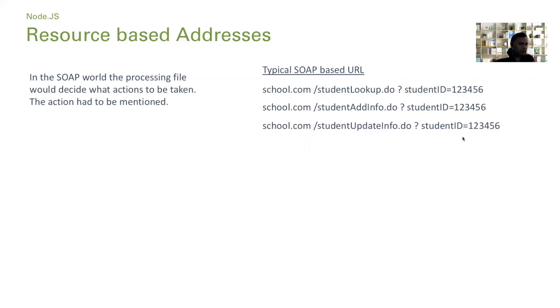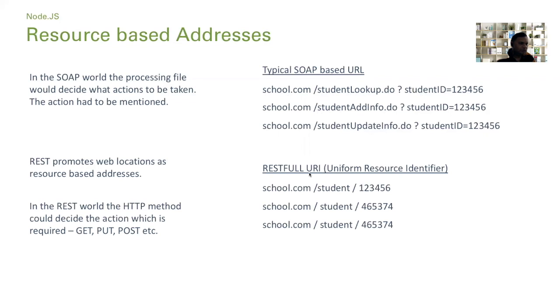In the REST world, the ask is to identify resources in the URIs. So you have the domain, the resource, and the identifier of the resource. But what about the method? What needs to be done on the resource? That is typically identified using the method of HTTP. So you have get, put, post, and these methods tell the server what needs to be done on the resource.